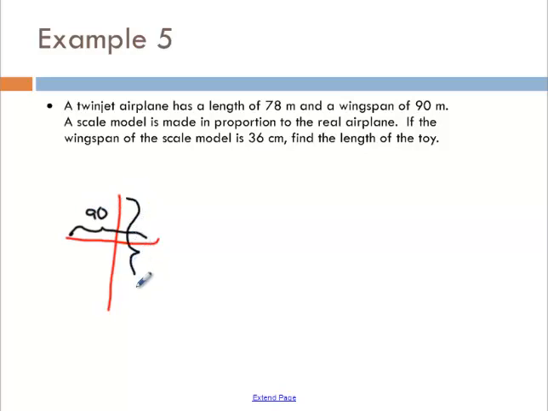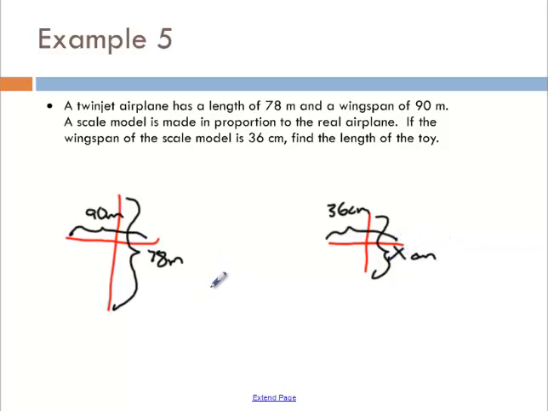The length is 78 meters. On our scale model, we know the wingspan is 36 centimeters, and the length is something we don't know.